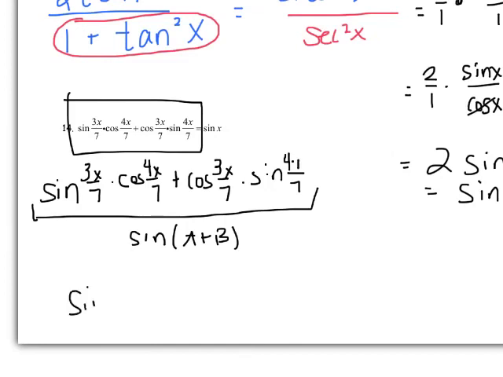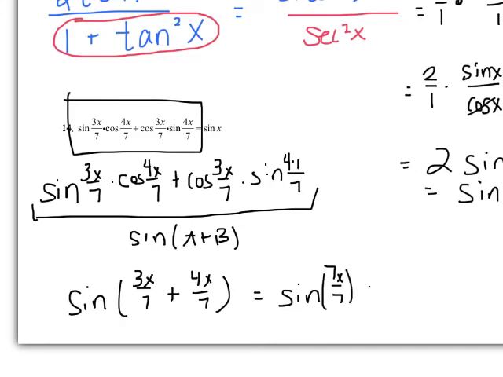So we're going to take sine of 3x over 7. That's your a, and add 4x over 7, which is the same thing as sine of 7x over 7, which is sine of x.